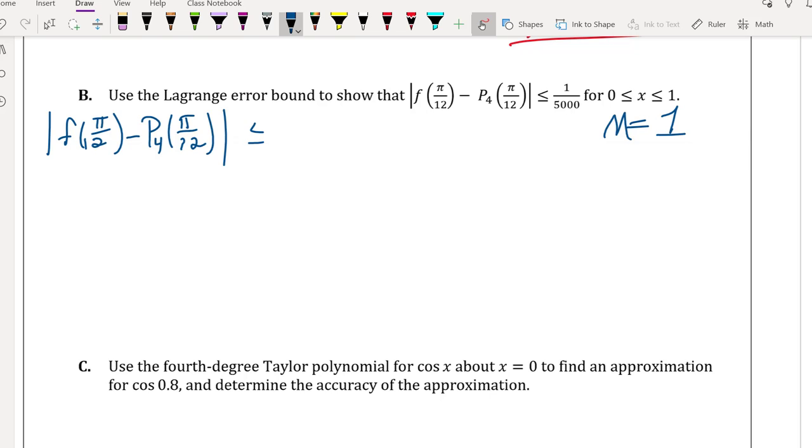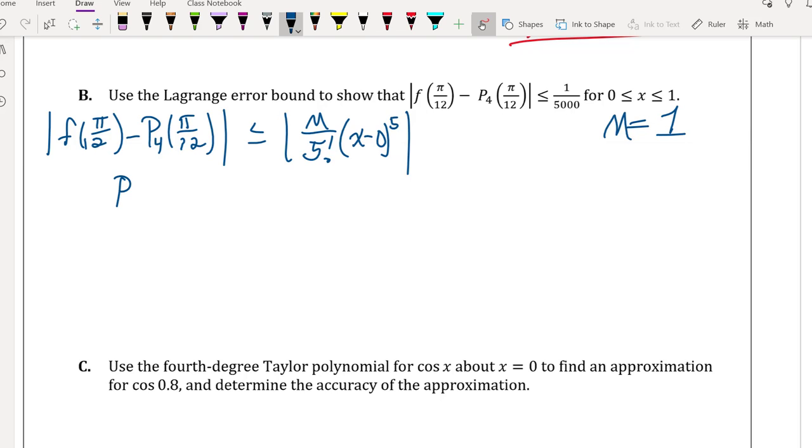So this has to be less than or equal to our M over 5 factorial times x minus 0 to the 5th power. And our x is going to be pi over 12.